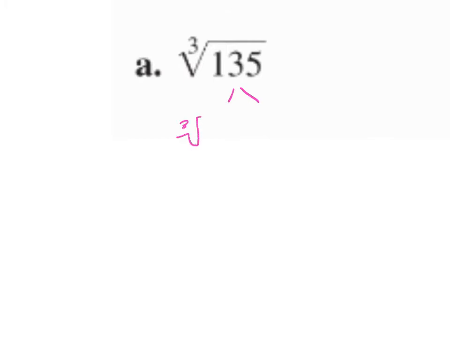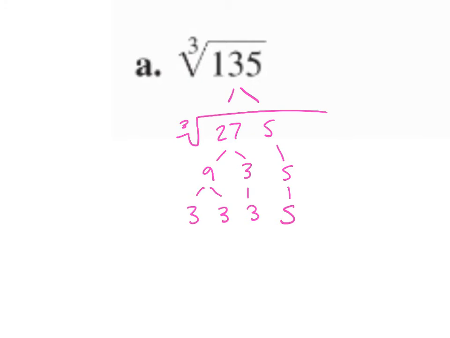So what are some factors of 135? 27 and 5. What are factors of 27? 9 and 3. Factors of 9? 3 and 3.